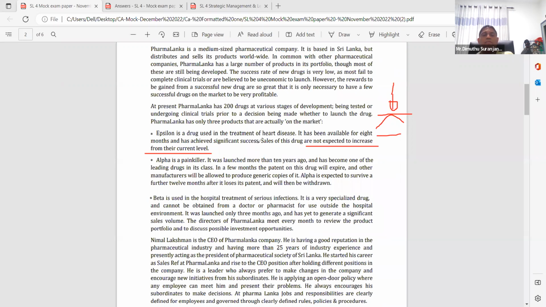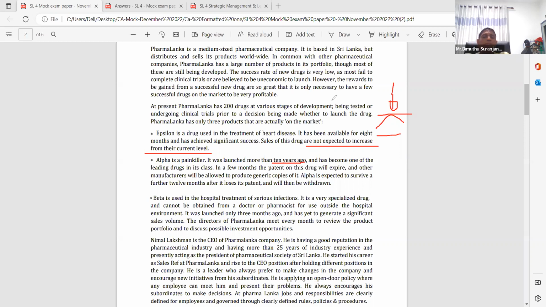Then alpha, it should be also 10 years ago. Right? It's a very experienced product in the market and has become one of the leading drugs in its class.